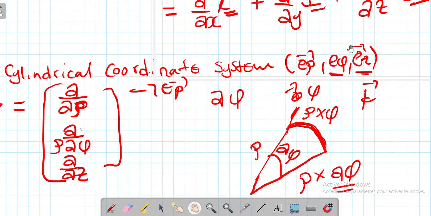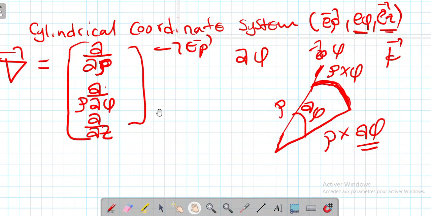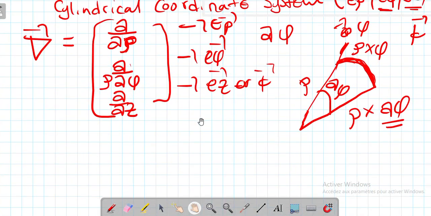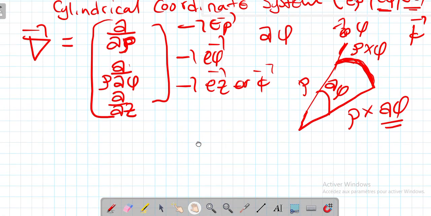So this is the same as k, so k is associated with z. The second is in the direction of the unit vector e phi. Then this is in the direction of the unit vector e z, or k, depending on the notation that the book is using. So, ladies and gentlemen, this is how we find nabla in the cylindrical coordinate system.